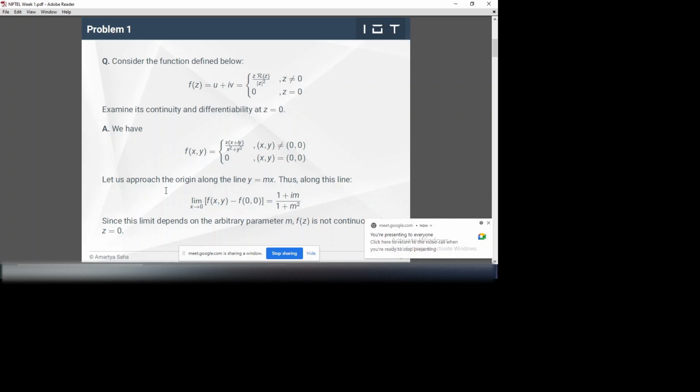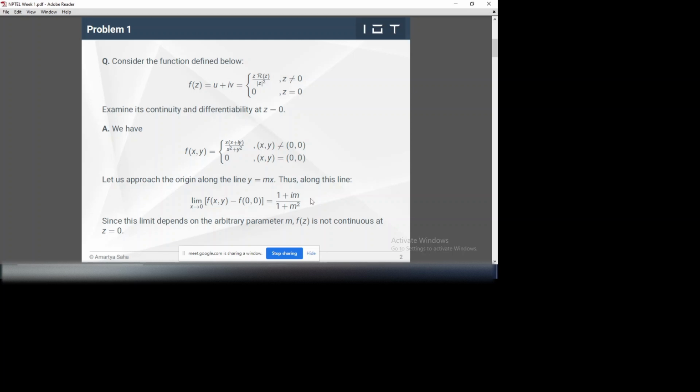Let us randomly choose a path along which we will approach this (0,0) point. Remember, now we are in the xy plane, so we can approach this origin from any direction, along any curve. Let us randomly choose this line y equals mx.